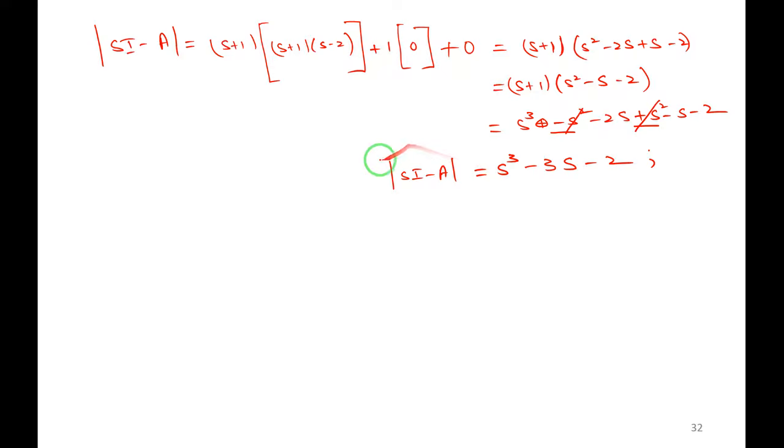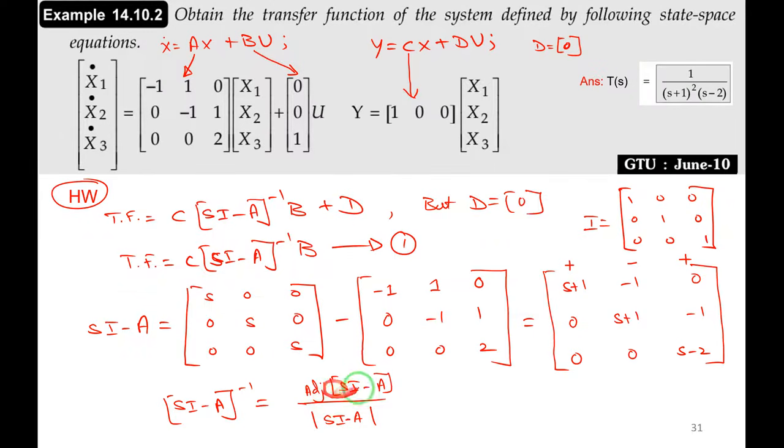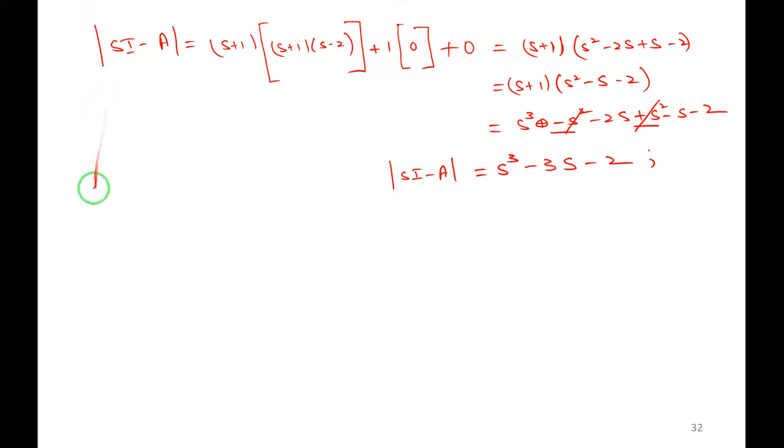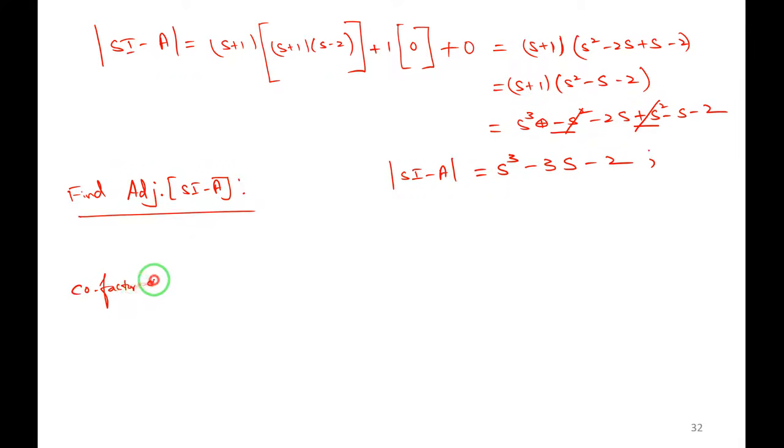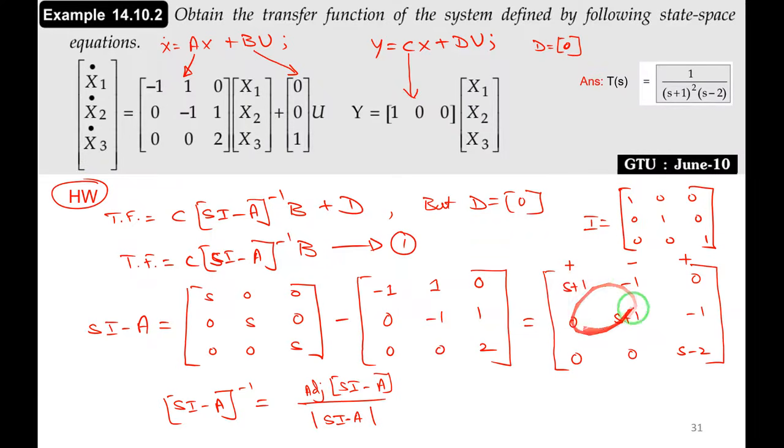Then next we will find out the adjoint of the matrix sI minus A. In order to find the adjoint of sI minus A, first we have to find the cofactor of matrix sI minus A. Anyhow, matrix sI minus A is 3 cross 3.